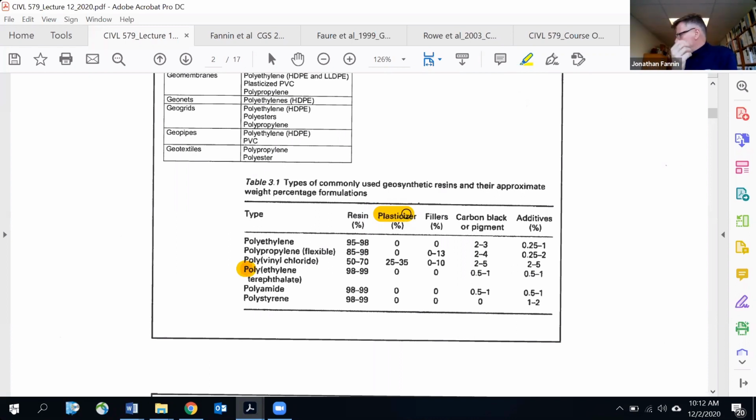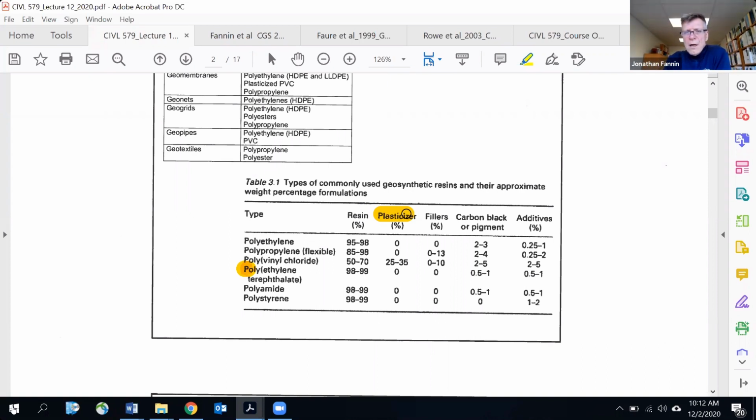And can you imagine how that might explain the difference? Let me reach for PVC. Can you imagine how that makes the difference between this PVC geomembrane with its percentage plasticizer and a harder PVC pipe, for example? So there's the world of plasticizers.